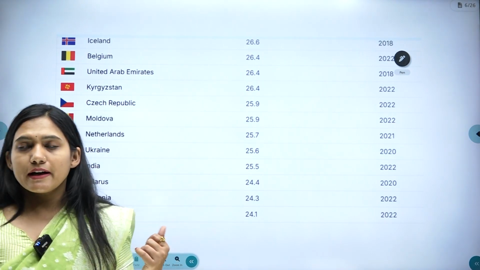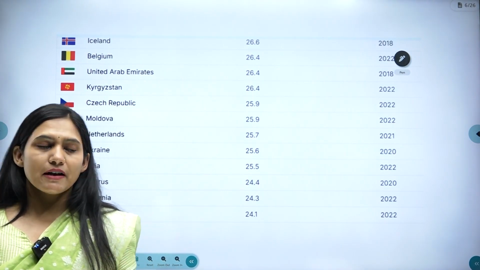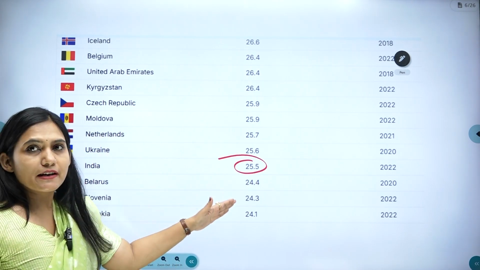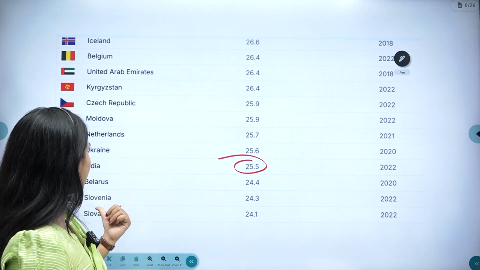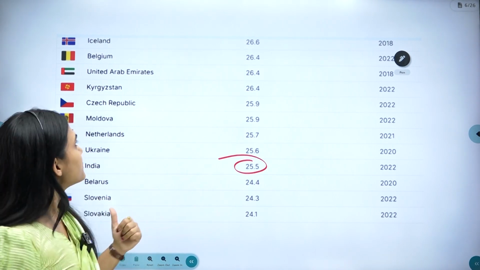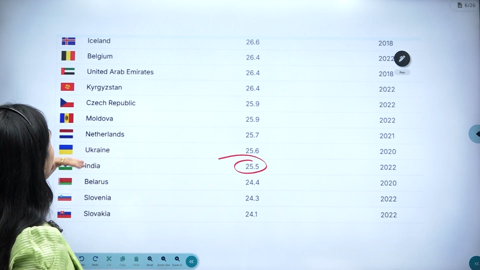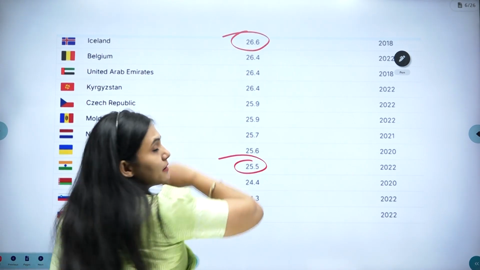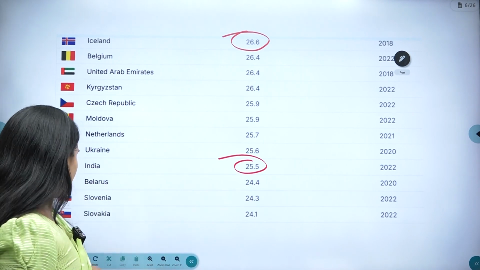Okay, but now as per recent facts, India's inequality ratio is 25.5. So only 3 countries are ahead of India, that is Slovakia, Slovenia and Belarus. Even the Iceland has 26.6 ratio.